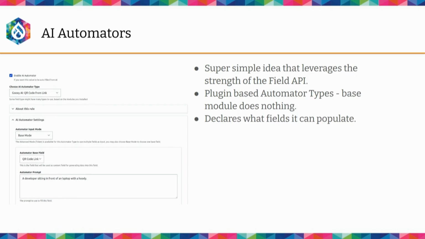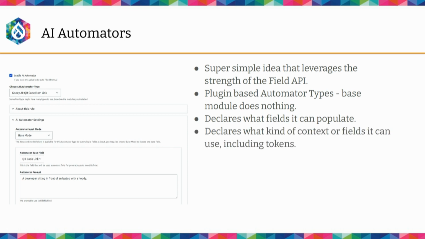So basically the plugin declares what fields it can populate, and then it declares what context it can take, which is basically what fields you can use to create this as well. And it can use tokens, meaning that you can create a prompt that uses 10 fields as the context for the next thing you're doing.